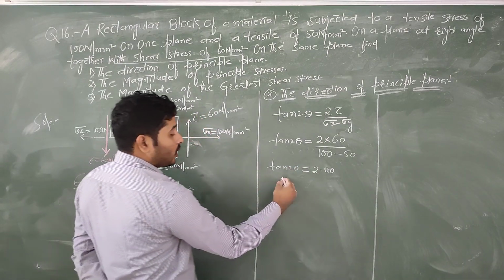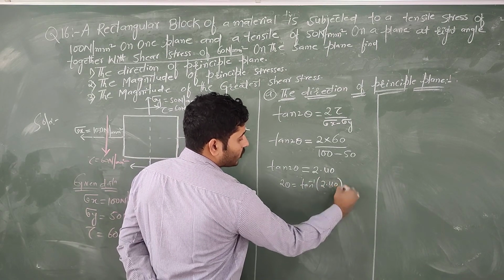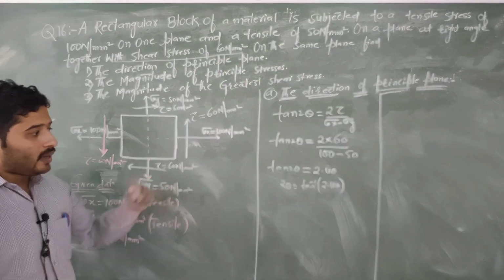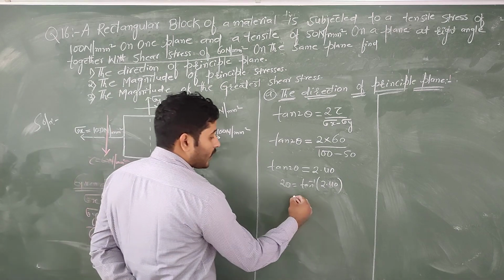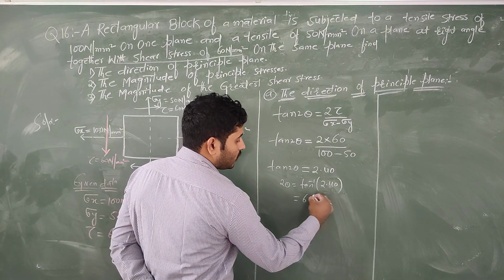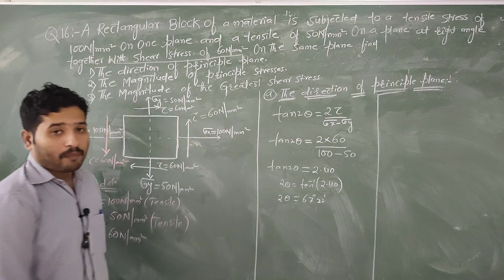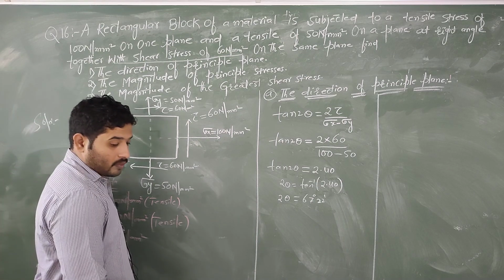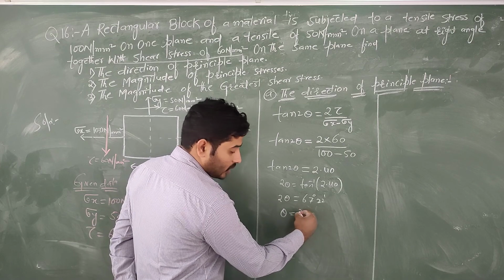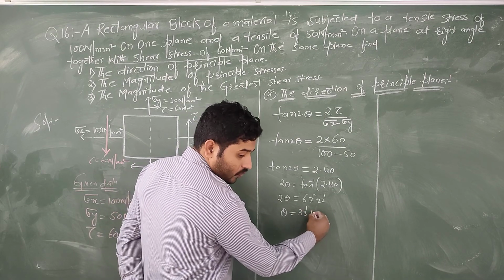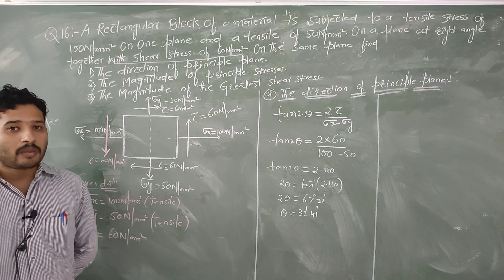Then 2 theta equals tan inverse of 2.40. Using the calculator, you will get 67 degrees 22 minutes. That is the value of 2 theta. Dividing by 2, you get theta equal to 33 degrees 41 minutes.